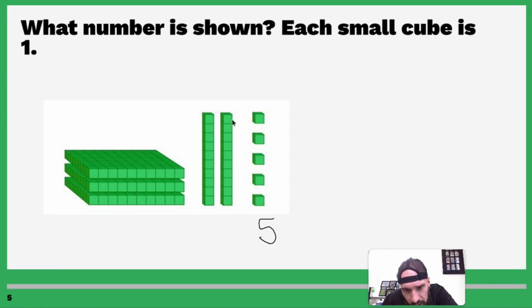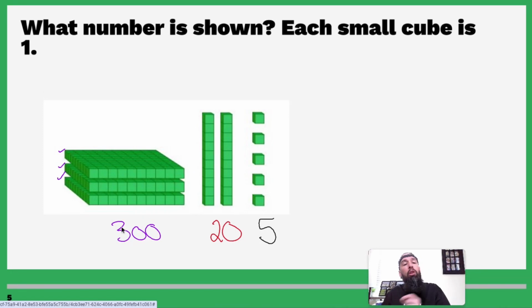Now, each of these is going to be 10. 1, 2, 3, 4, 5, 6, 7, 8, 9, 10. So 2 tens is 20. We're not going to count it, but each of these flat ones is 100. So we've got 1, 2, 3 of those, which means we have 300.